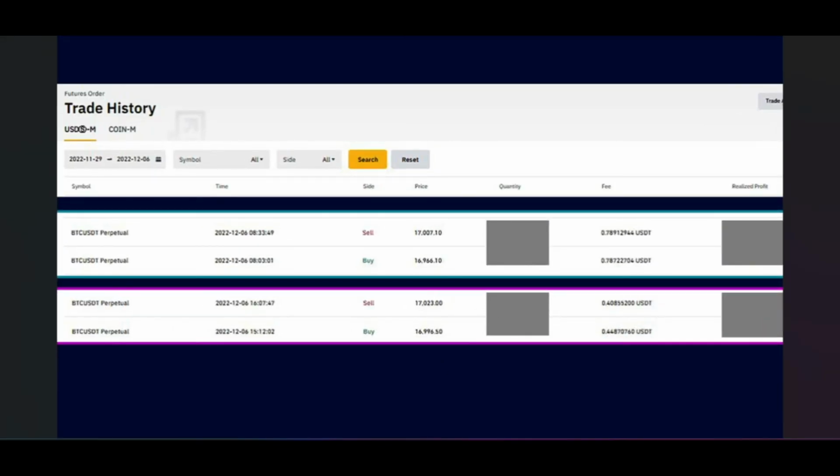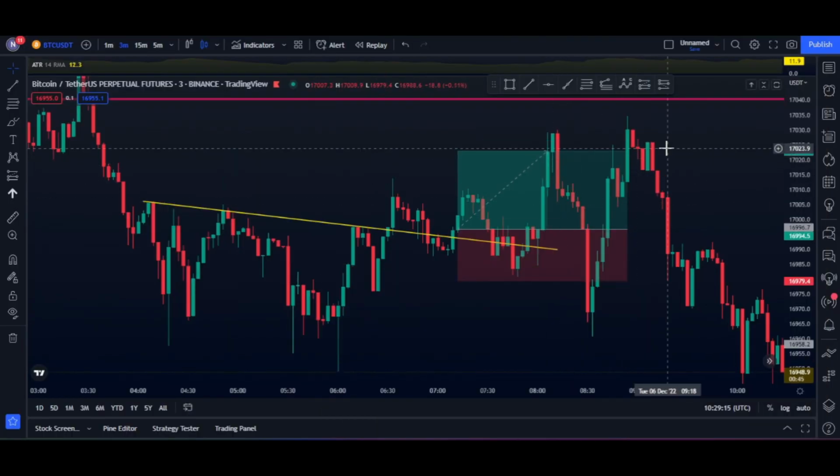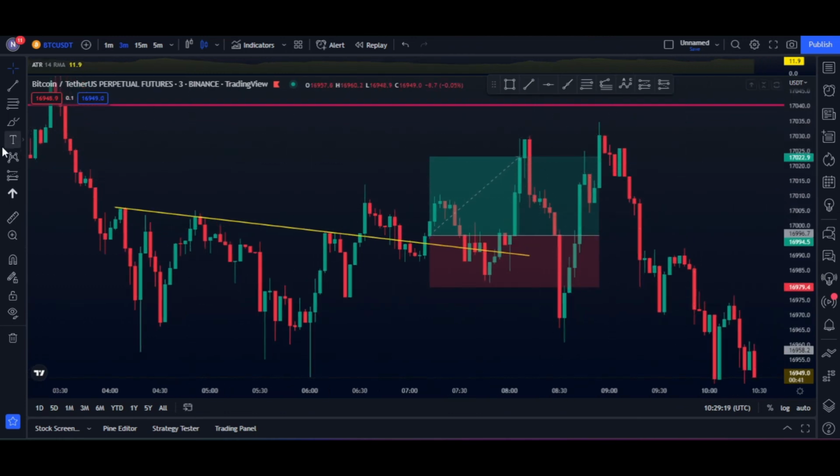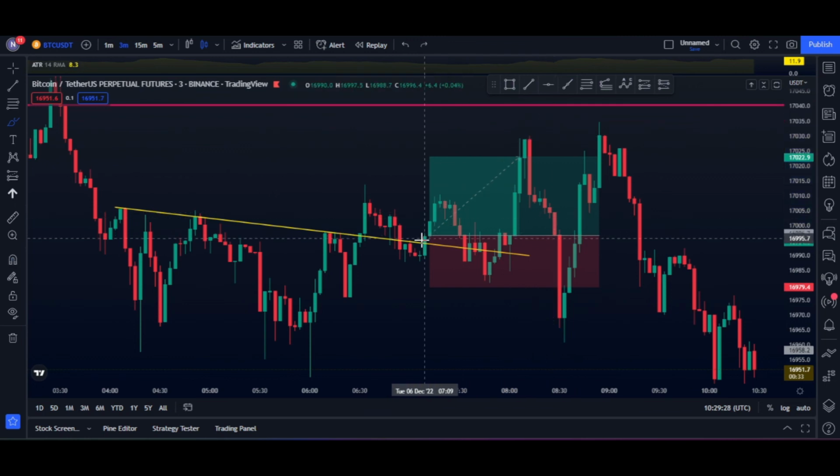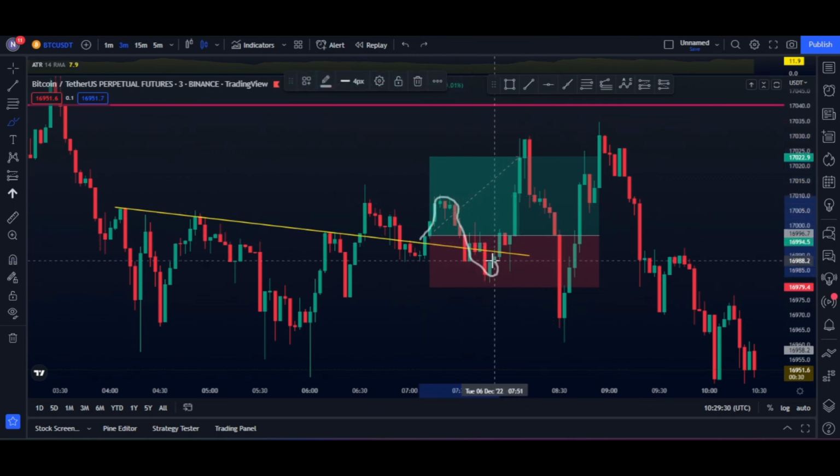Entry 996, take profit at 17,023. So I sold at around here, which is quite perfect. So as you can notice, we had an entry here, but the price didn't just go up directly. That doesn't happen all the time, but sometimes the price would just go down a little bit and take your take profit price.